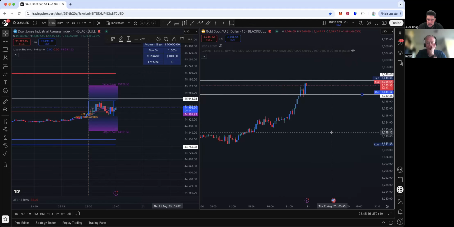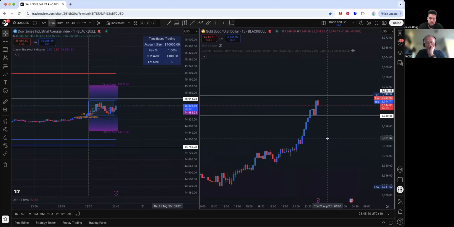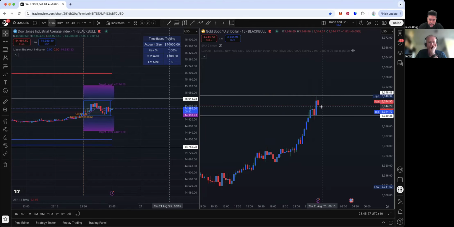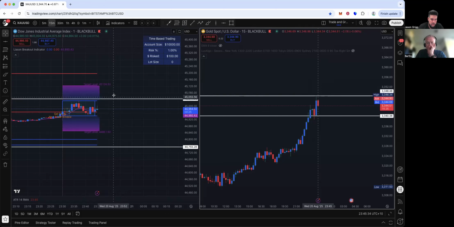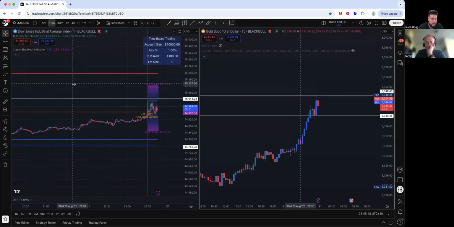Let's see. US30 looking like it's going to push out. 45. Yeah, we'll see what happens. So based on this range here, 45,036. As long as we get over that, what is that resistance?